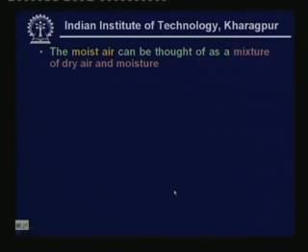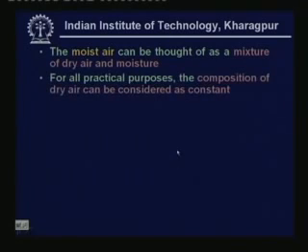The moist air can be thought of as a mixture of dry air and moisture. Moisture means water vapor. For all practical purposes, the composition of dry air can be considered as constant. It is observed that the composition of dry air remains almost constant wherever you go. That means it does not really vary from place to place or from altitude to altitude.